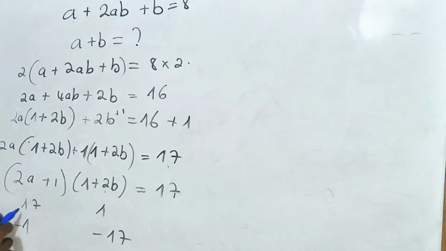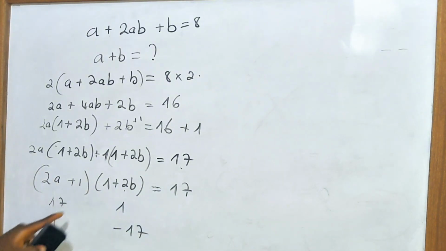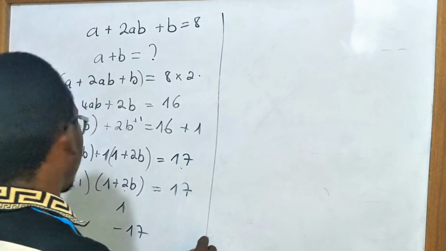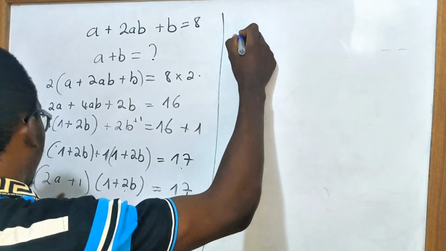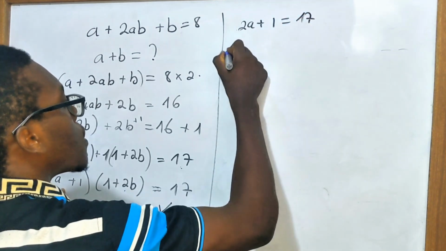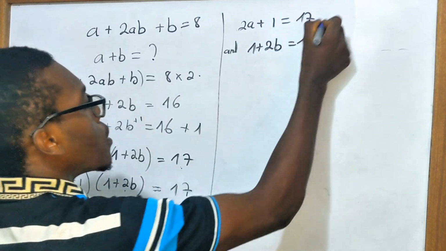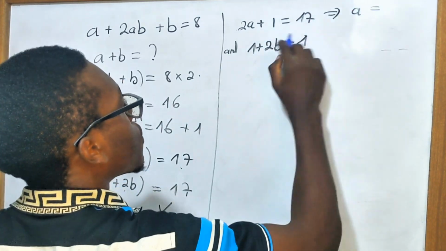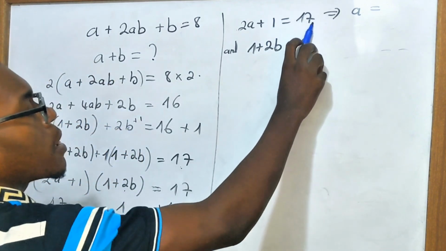That's a true option, because this is a positive number, so negative and negative works. Hence, we take the first one, 17 and 1. Therefore, 2a plus 1 is equal to 17, and 1 plus 2b is equal to 1, which implies a is equal to 17 minus 1, divided by 2.